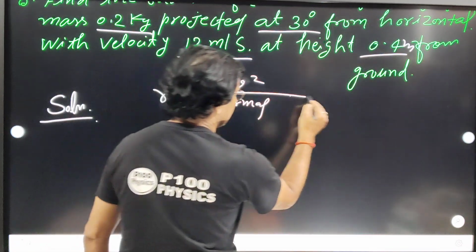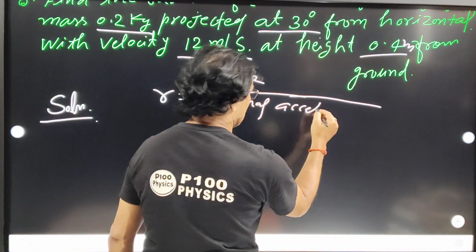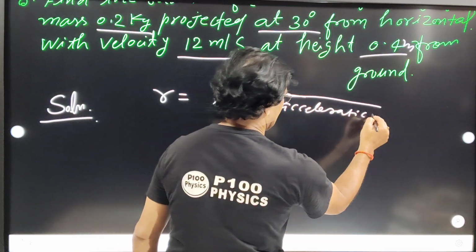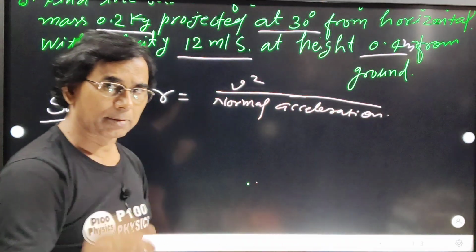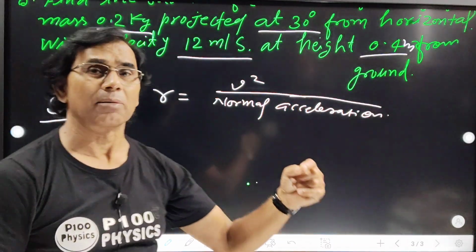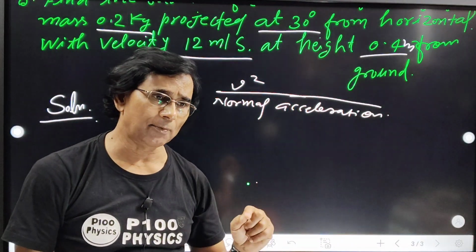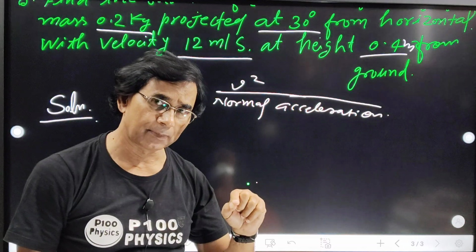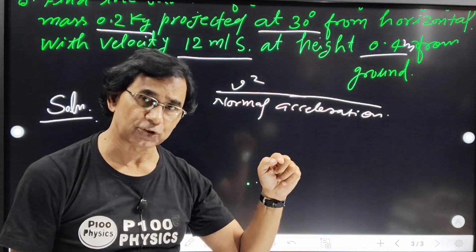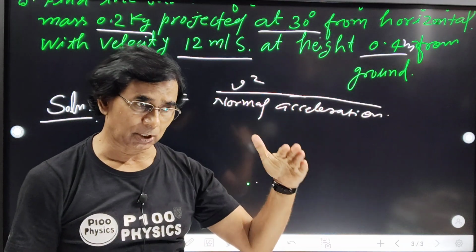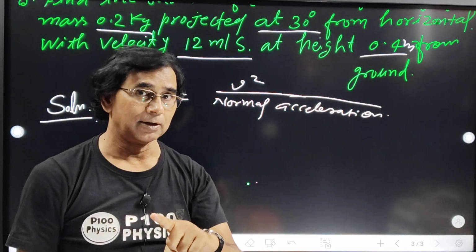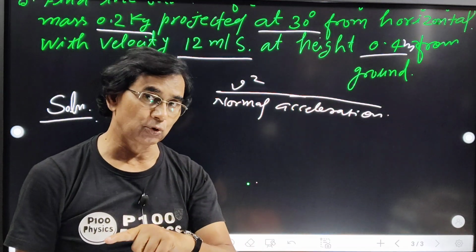Normal acceleration means the angle between the velocity and the acceleration should be 90 degrees.